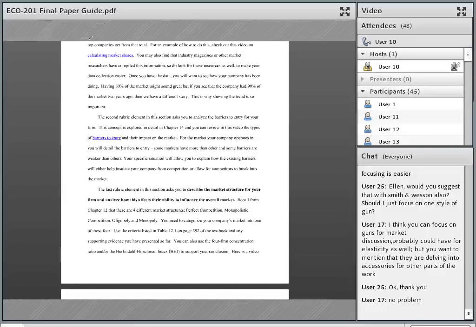And then lastly, this element also asks you to use a specific example of a failed or successful entrant into the market to support your point.